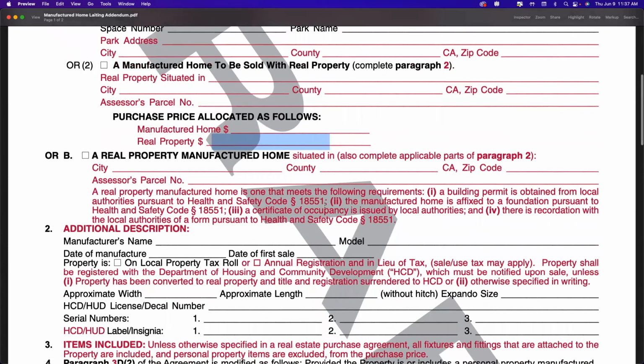And then they have a real property manufactured home, which means that manufactured home has a building permit, has a foundation. It was built like a normal house on that piece of vacant land.